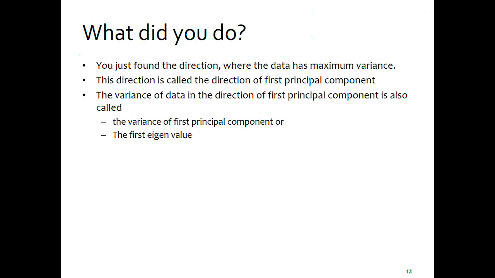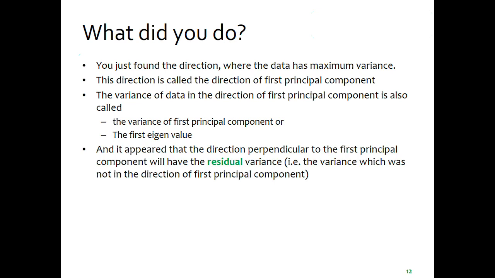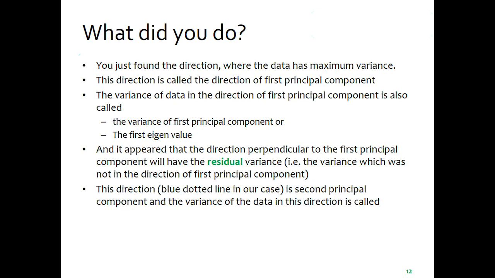Now by very nature, you found the direction which has the maximum variance, so it has to happen that the first eigenvalue has to be the big one. Now what did you do in the second? You found the direction which has the residual variance, and this you call the second principal component.